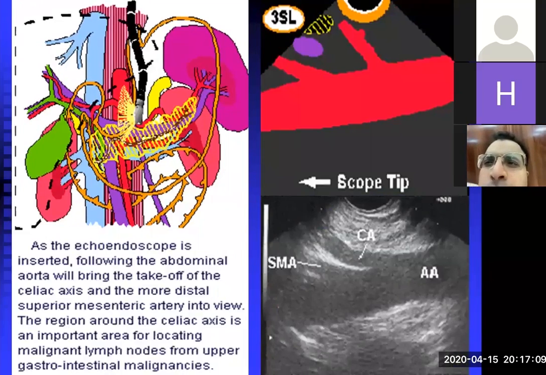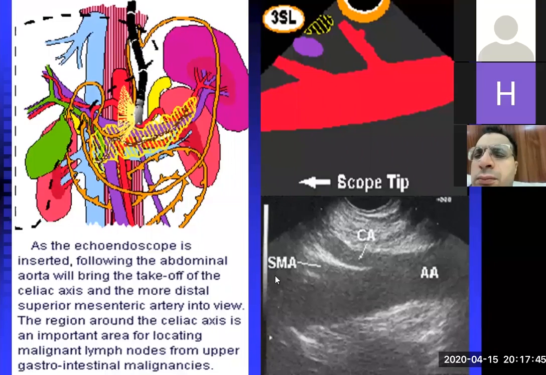Here I can see the first branch. The first big branch is the celiac axis with its 3 branches. Left gastric going to the right of the screen, splenic artery going to the left of the screen, and when I do anti-clockwise rotation, I can see the common hepatic artery going down and then dividing into its 2 main branches: the hepatic artery proper going to the porta hepatis and the liver hilum to join the portal vein and the proximal common bile duct and the common hepatic duct.